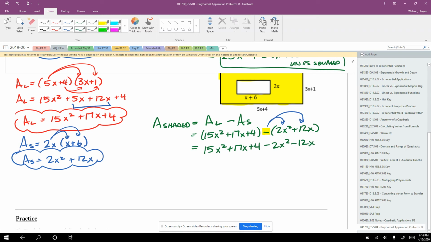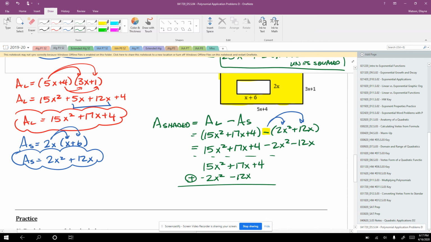All right, I'm going to show this one slightly different, just because I know some of you guys might prefer it a different way. You can do this. You can say 15x squared plus 17x plus 4, and then match up the second set. So negative 2x squared, negative 12x, and add going down.